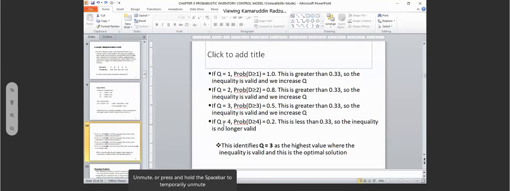At the quantity order of 4, it shows that 0.2 is less than 0.33. So we stop analyzing the probability at the quantity unit order of 4. So we choose the highest value of inequality at Q equal to 3 as the optimal solution.